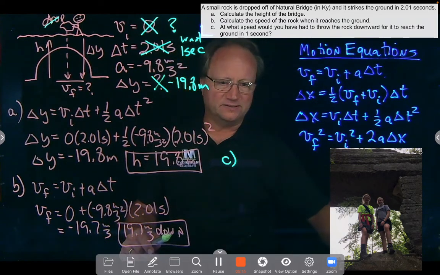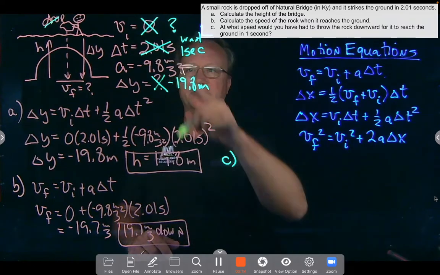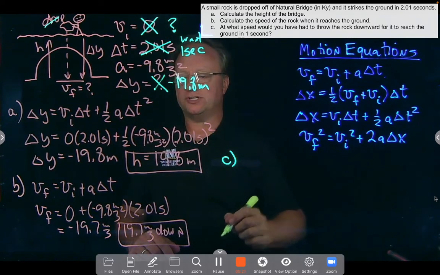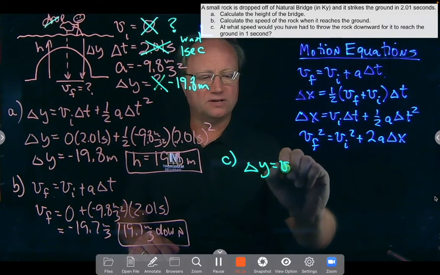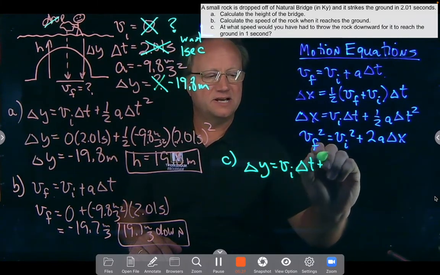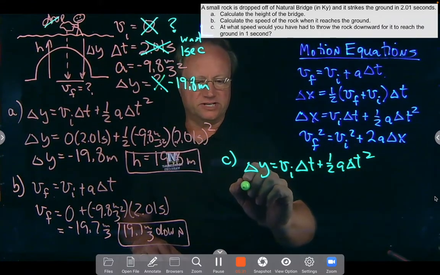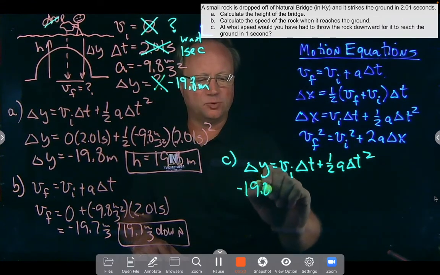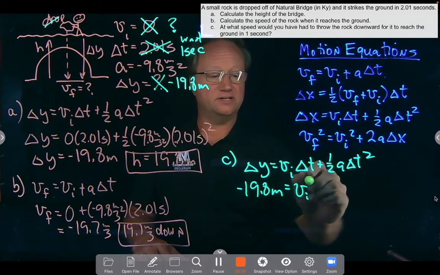Now, let me give us a little more space here. We can use the same motion equation that we did up there previously. Delta y equals vi delta t plus 1/2 a delta t squared. Our delta y, negative 19.8 meters. Vi now is the unknown.